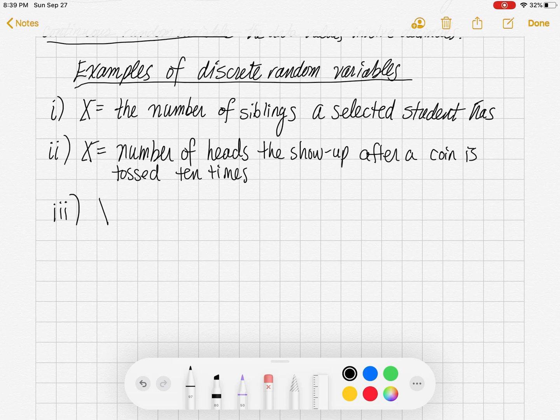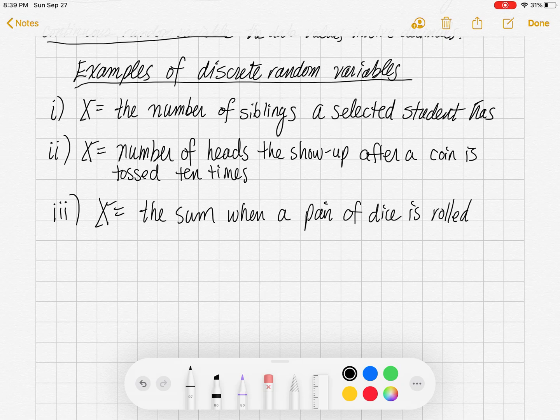So that's another example. Here's number 3. Let's say you define X to be the sum when a pair of dice is rolled. The smallest sum I could get would be a 1 on one die and a 1 on the other, which is 2.